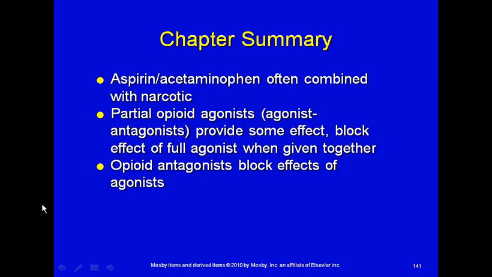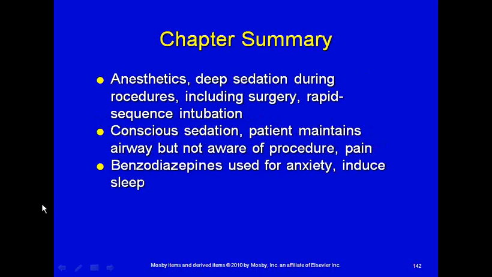Partial opioid agonists provide some effect and block the effect of the full agonist when given together. Opioid antagonists block the effects of agonists, and the opioid antagonist is Narcan. That's going to block the effects of the opioid.